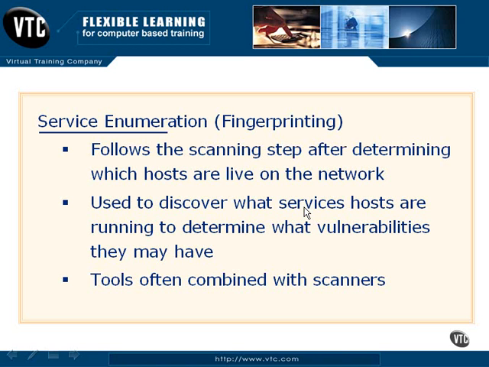We discover that it is running an IIS 5.0 server on port 80. Again, probably picked up by either scanning or service enumeration. By understanding that, we now know that we have a web server, obviously. We have an open port, port 80. We have a vulnerable service running on that system. IIS 5.0 has hundreds and hundreds of vulnerabilities that could potentially be exploited.